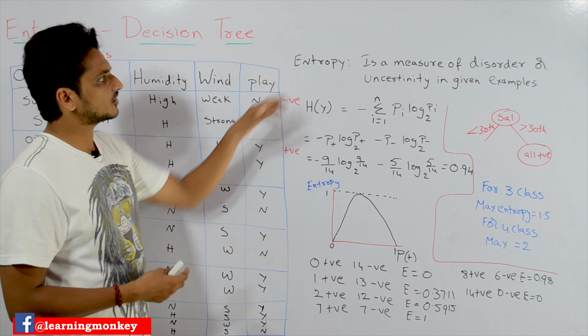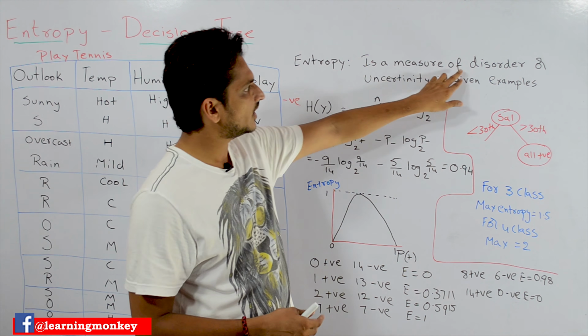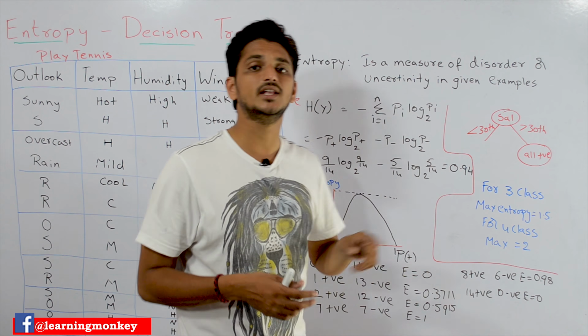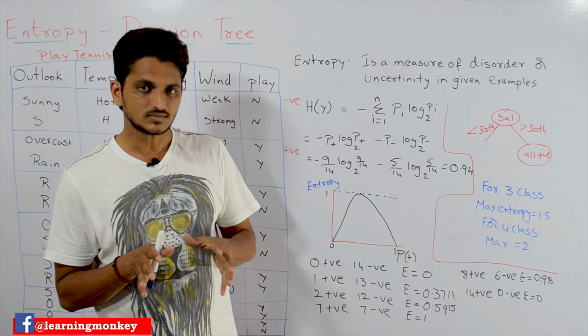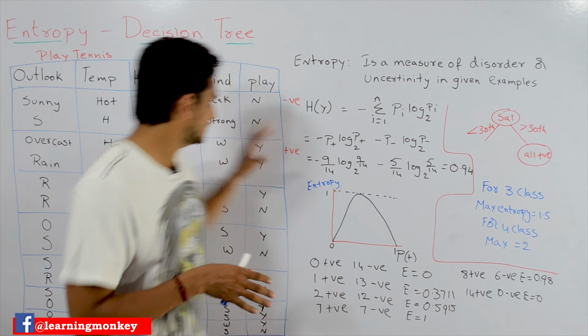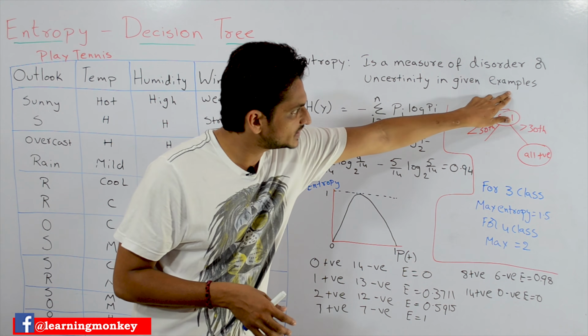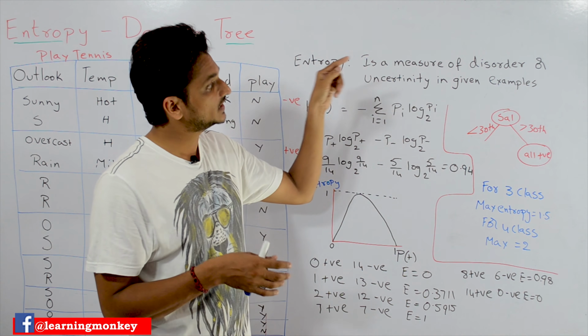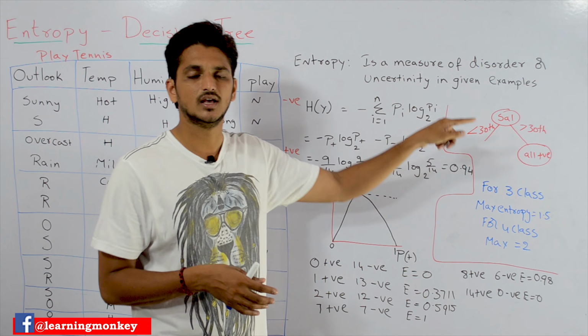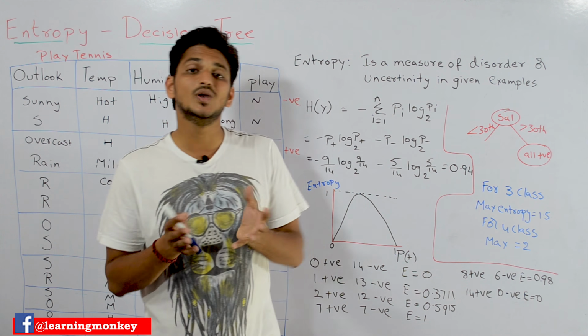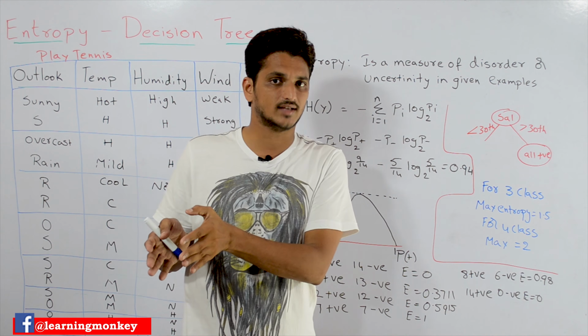Coming to entropy, entropy is a measure of disorder or uncertainty in the given examples. Here the examples are our dataset, so in our dataset it's a measure of uncertainty. What is uncertainty? We will understand this at the end of the class.